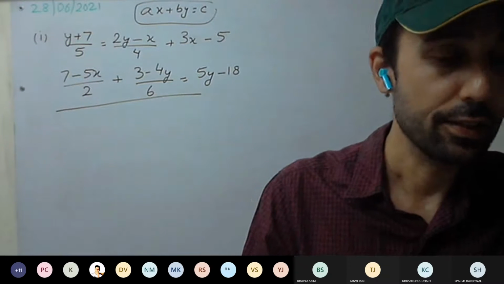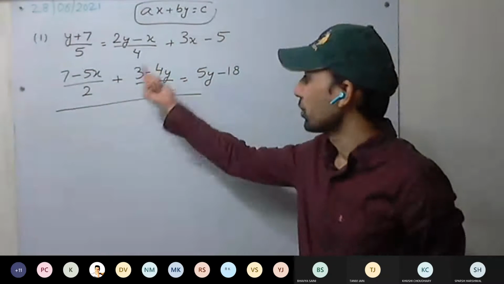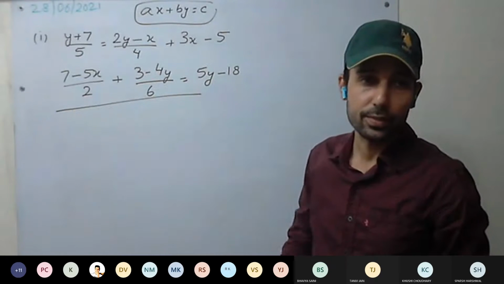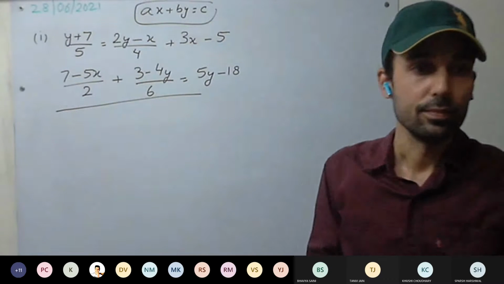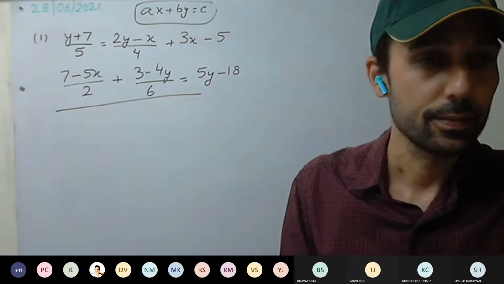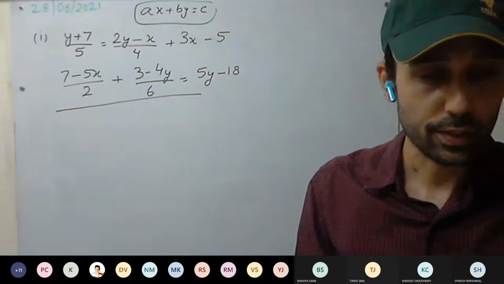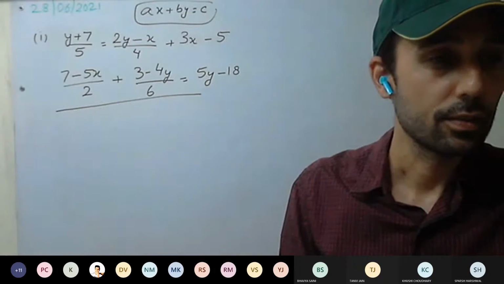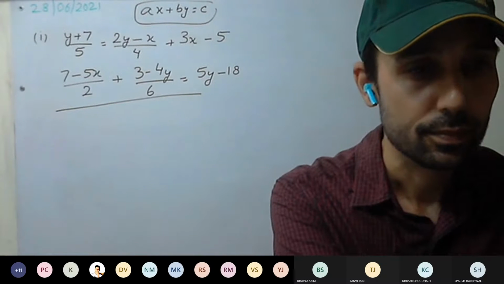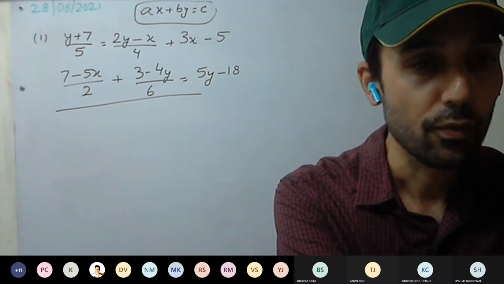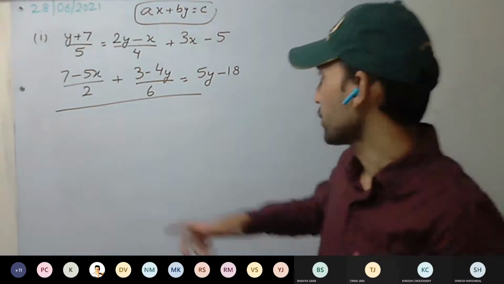Okay, Sparsh, you tell. Sparsh, tell the equation. First equation, what you have got? Sir, I am solving. Keep solving. Bhavya, have you solved the equation?